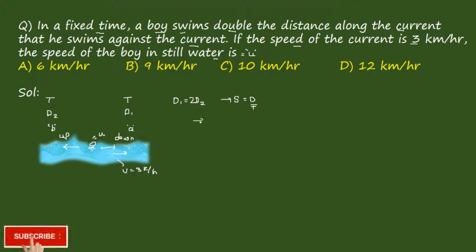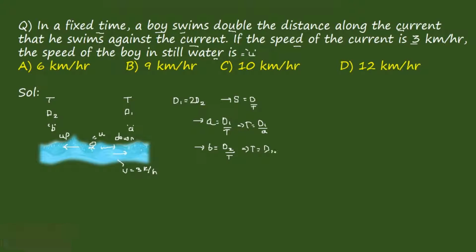So if you consider the downstream, then A is equal to d1 by t, then time is equal to d1 by A. If you consider the upstream, B is equal to d2 by t, then t is equal to d2 by B. Here the time taken is fixed, so we can equate these two. Then you get d1 by A is equal to d2 by B.